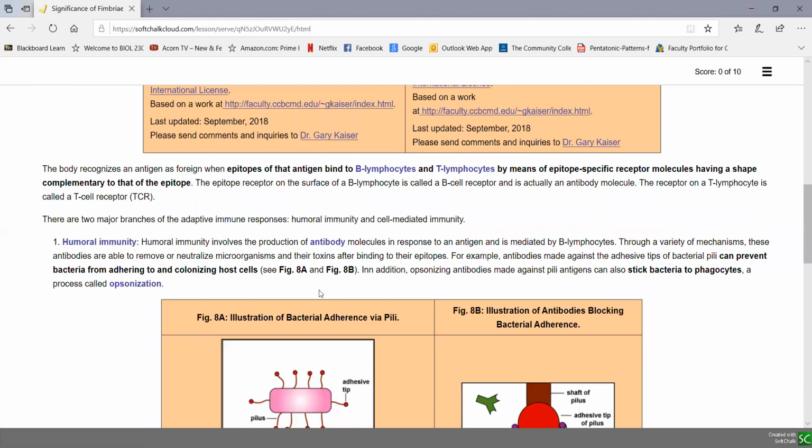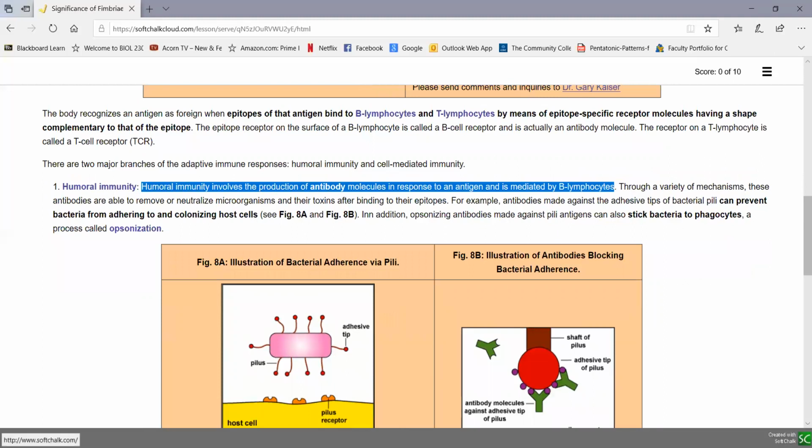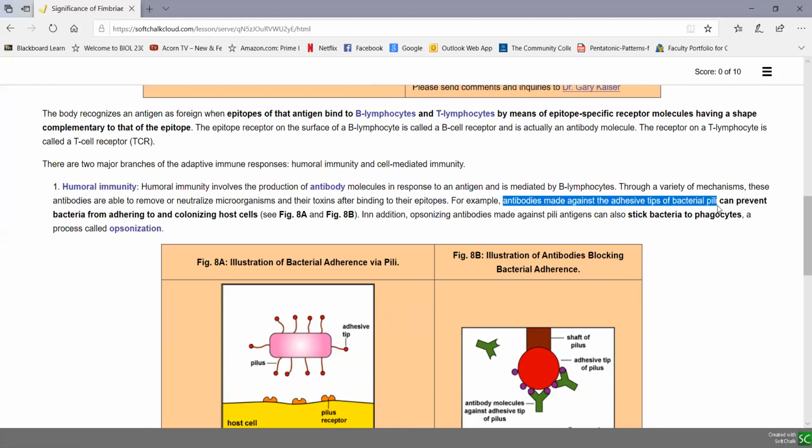And we have two branches of adaptive immunity. Humoral immunity is, again, the production of antibody molecules in response to an antigen, and that's carried out by B lymphocytes. And that's what we see in the case of pili. When antibodies are made against the adhesive tips of bacterial pili, they can prevent the bacteria from colonizing host cells by preventing the adhesive tip from binding to its receptor on the host cell.